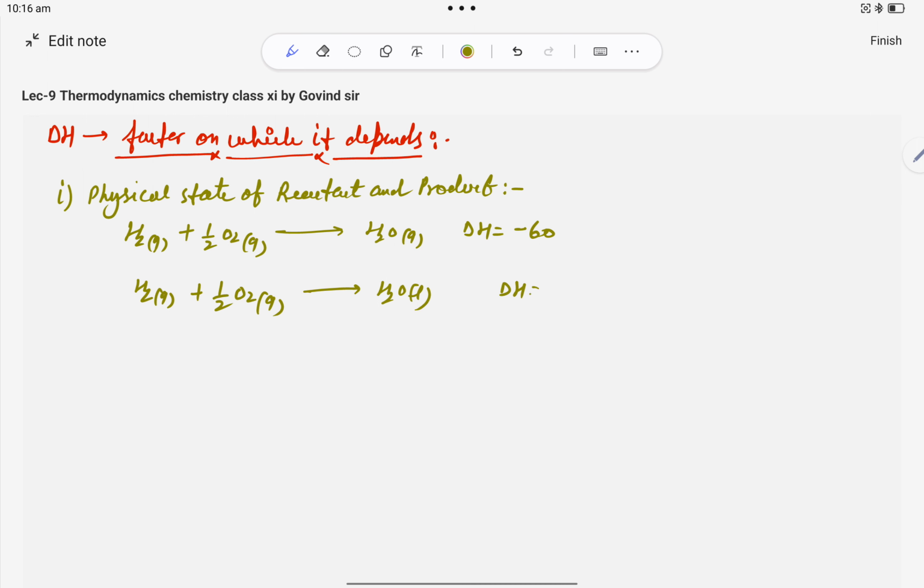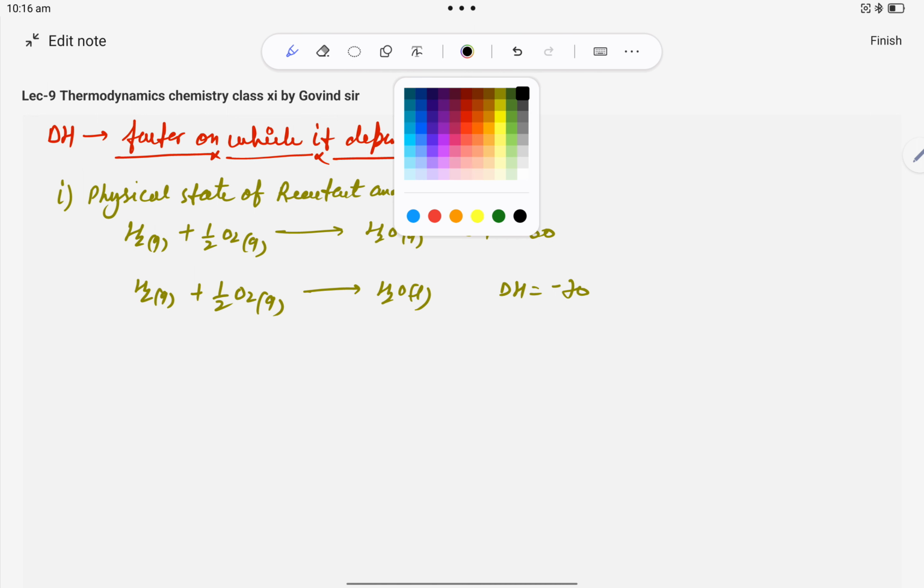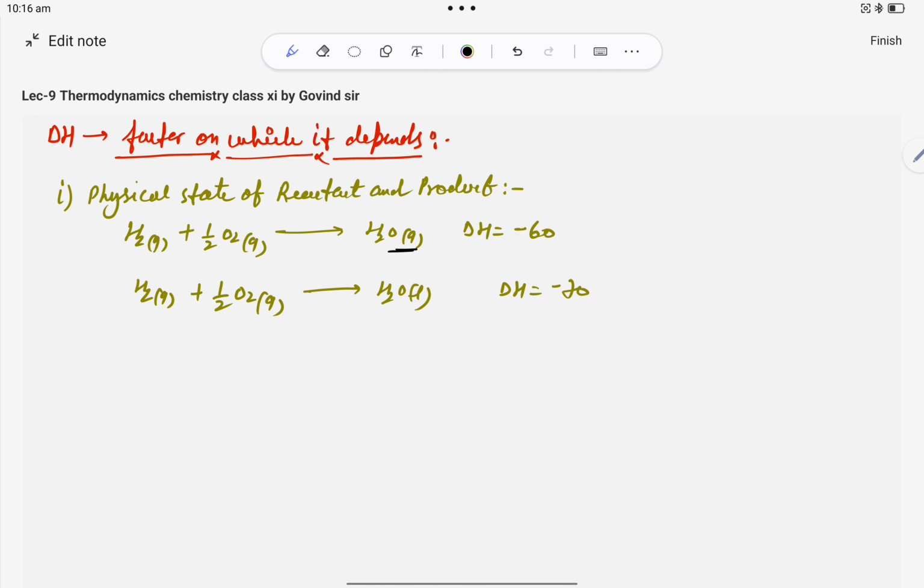Here delta H is minus 70. So you can check the difference. Here water in gaseous state, here water in liquid state. Here less energy you are getting, here more energy are you getting. Why? From here to here, gas to liquid, you have to condense the gas. That time also energy released, 10 joule energy will be released. Okay, so it depends upon the physical state of reactants and product.